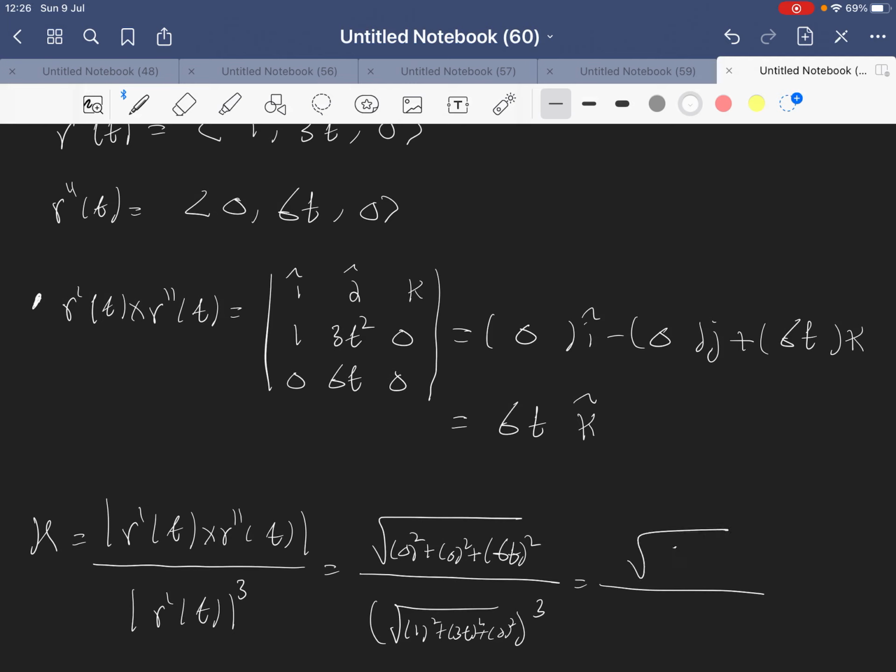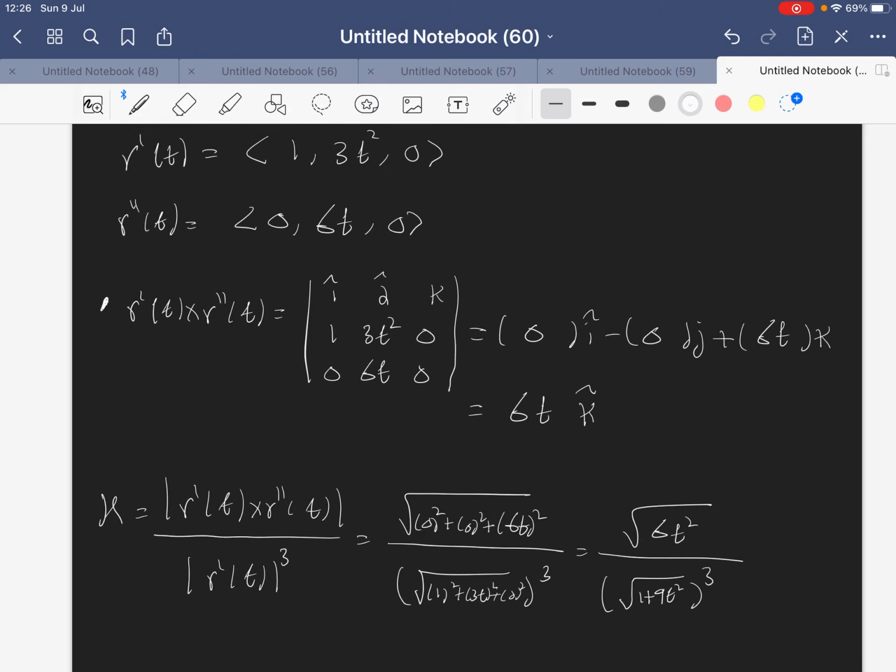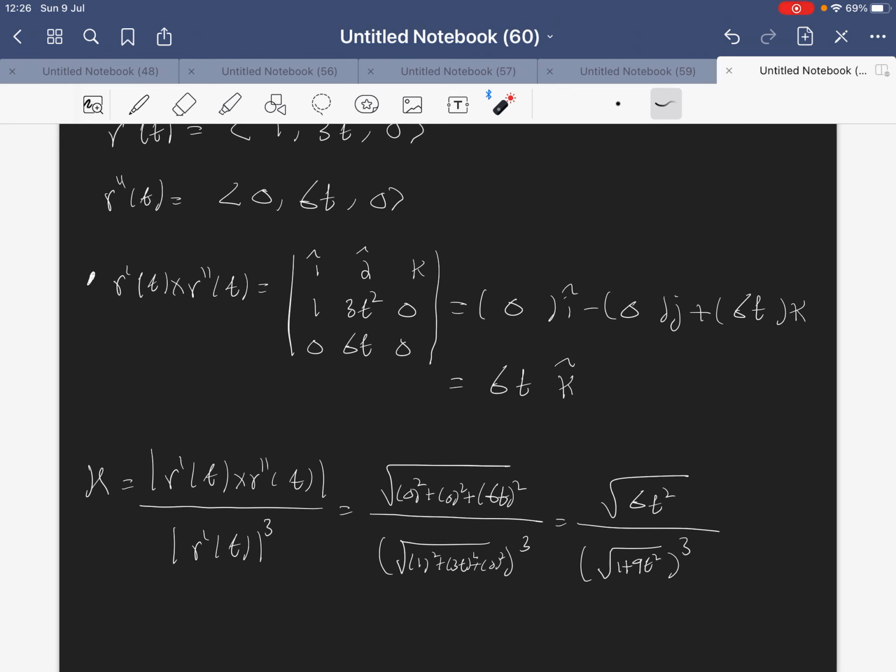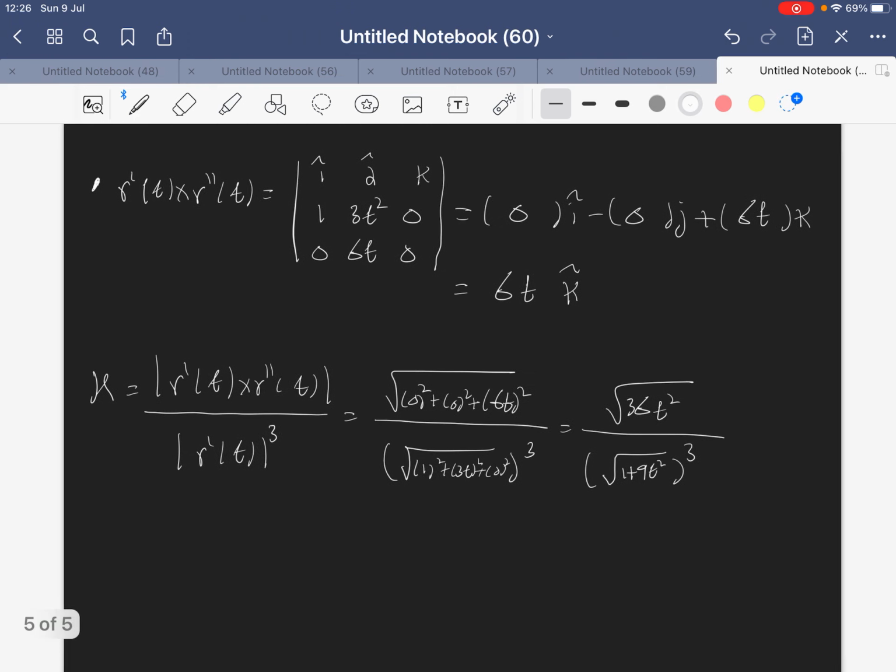Okay, the top one is the square root of 6t squared. The bottom one will be 1 plus 9t to the fourth, of course, square root of that. Here it is 36, the square root of 36t squared.